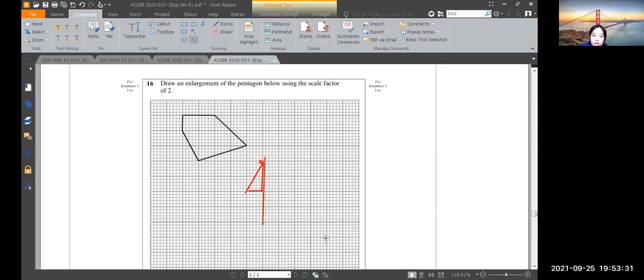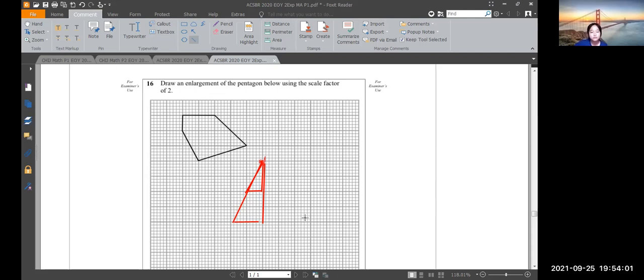Then now, this point. This is diagonally 2, right? So after you double it, then diagonally 4 as well. So similarly, you close it, then you get a scale factor of 2. Okay.